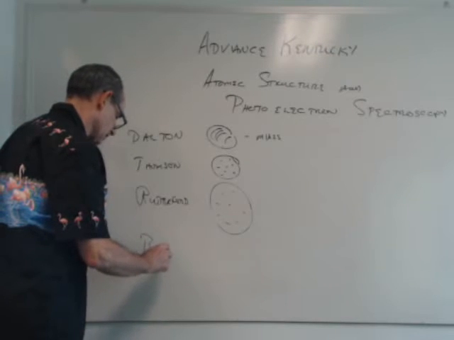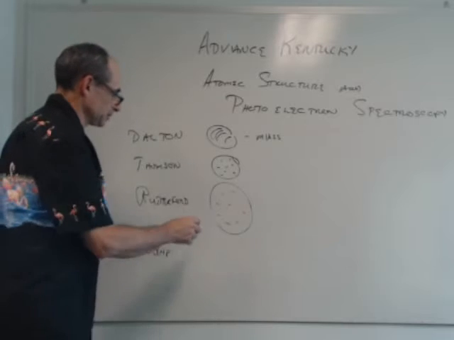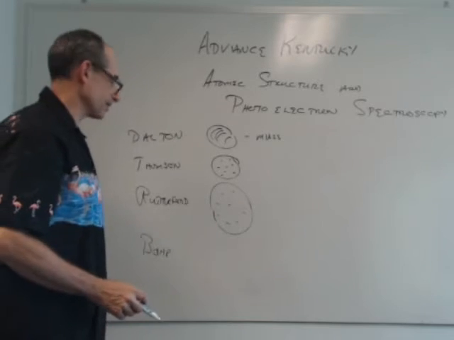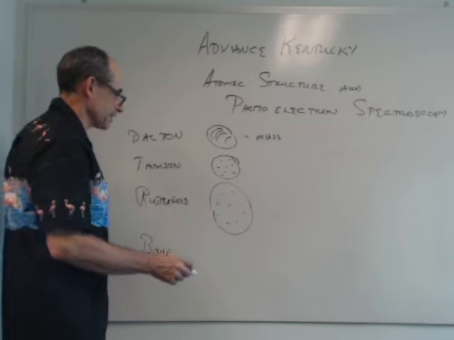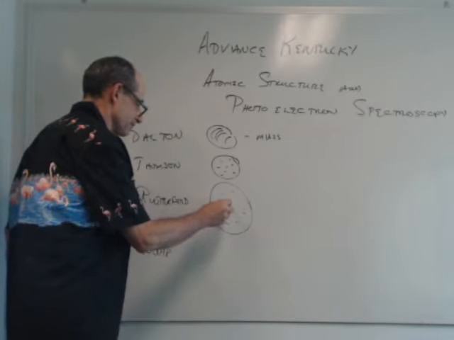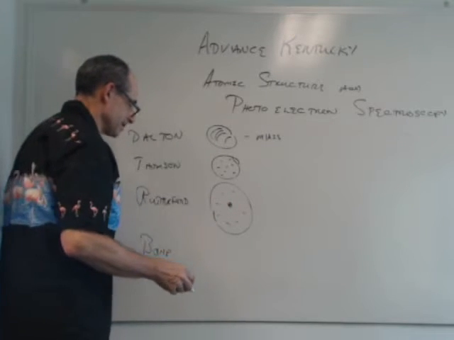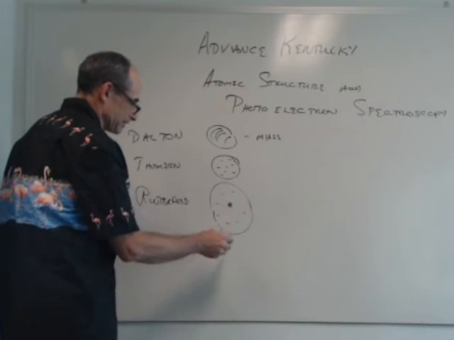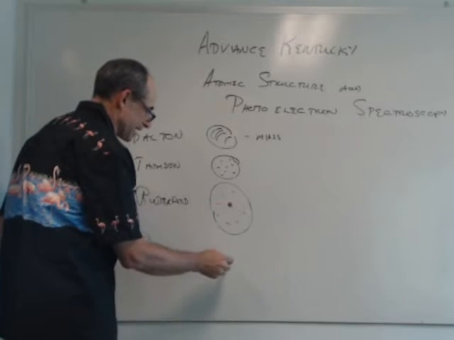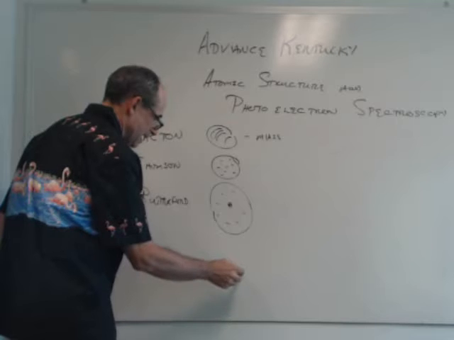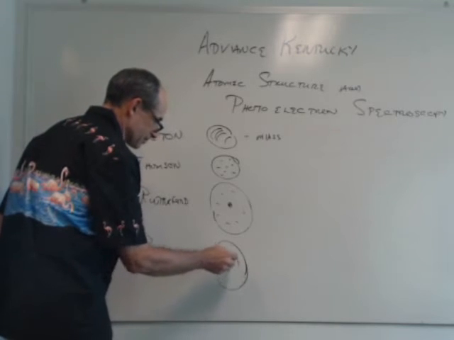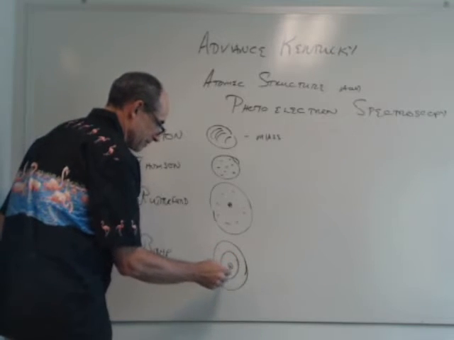Niels Bohr took a look at the atomic spectra of hydrogen and other elements, and adding a couple of other postulates from classical physics, said we could think about this as having a nucleus, and the electrons are restricted to certain allowed energy levels with various energies.